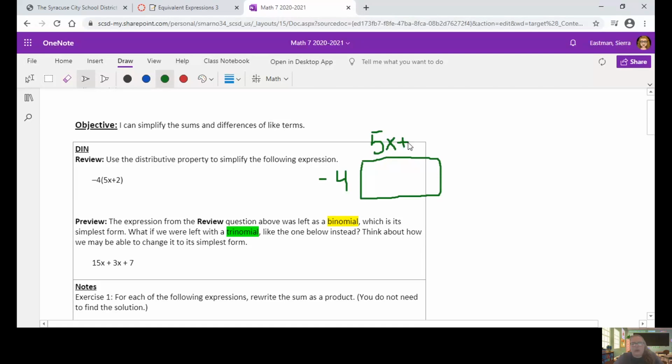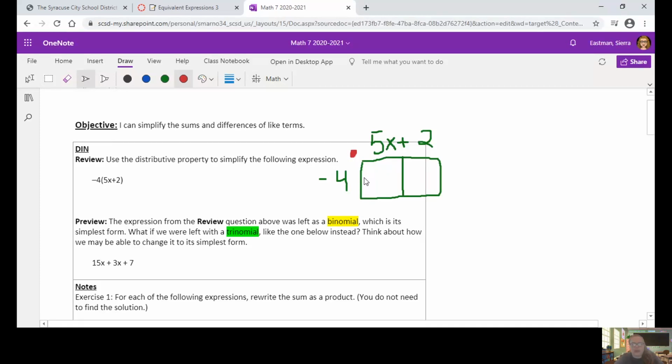And then if we were trying to find the area of this rectangle, we'd have to multiply both by each other. But to make it even simpler, we want to break those down into two squares here and multiply the parts separately.